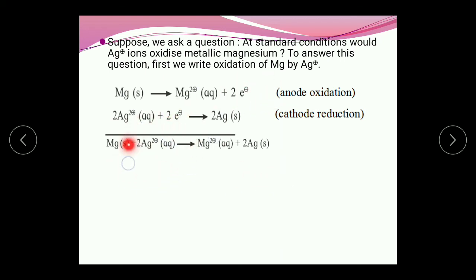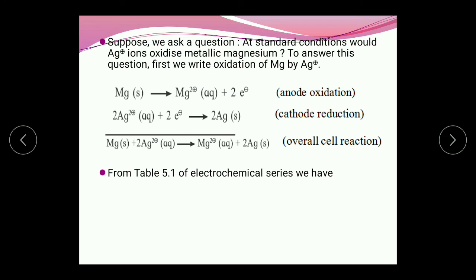Magnesium reacts with 2Ag plus ions gives Mg plus 2 and 2 Ag. This is overall cell reaction. And we will calculate the E0 cell by observing the EMF series and getting the values of E0 of magnesium as well as E0 of Ag plus, and will determine then whether the reaction is spontaneous or not.